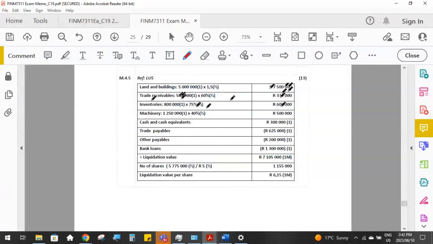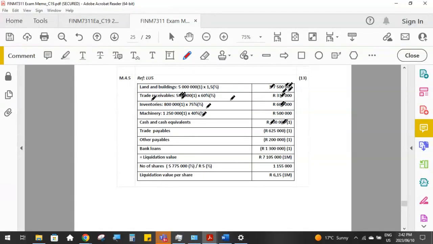Inventories: you've probably got some slow moving and obsolete stock, so your inventories from a liquidation point of view are only worth 600,000. Your machinery, perhaps there is some kind of deterioration, and the machinery isn't worth what the book value is, and if you have to sell it quickly, you would only be able to realize 500,000.